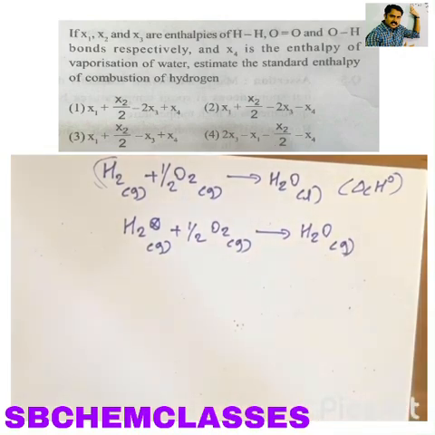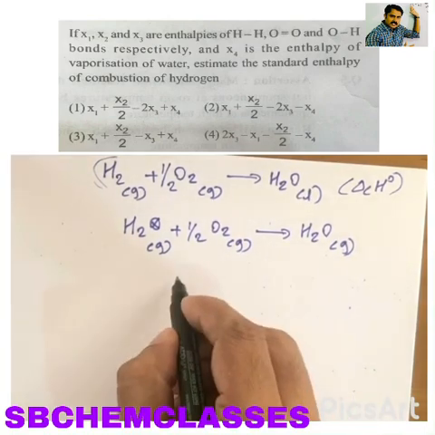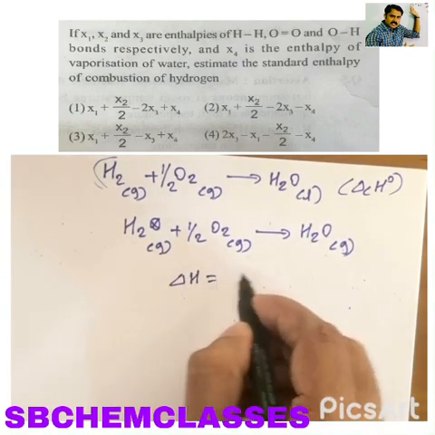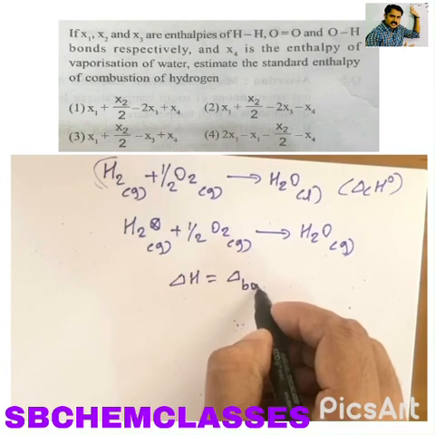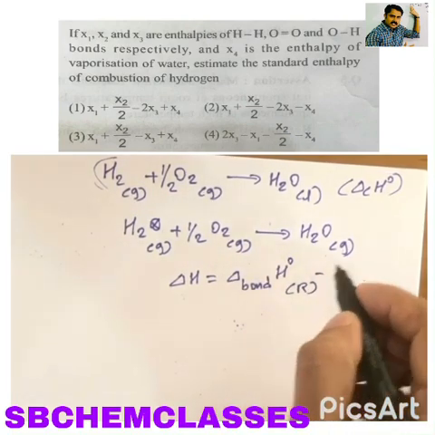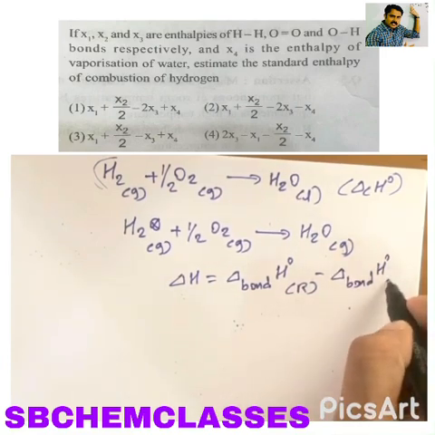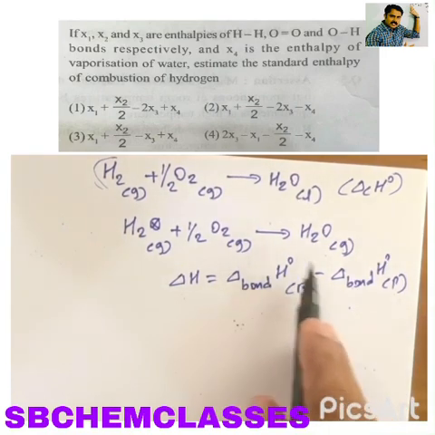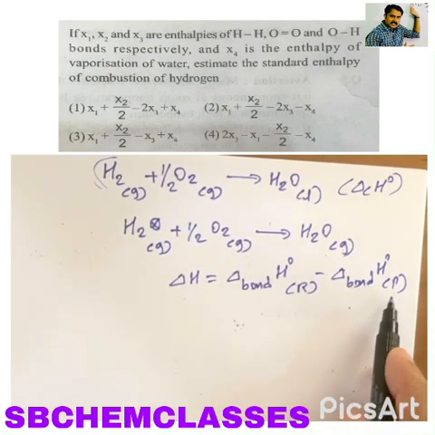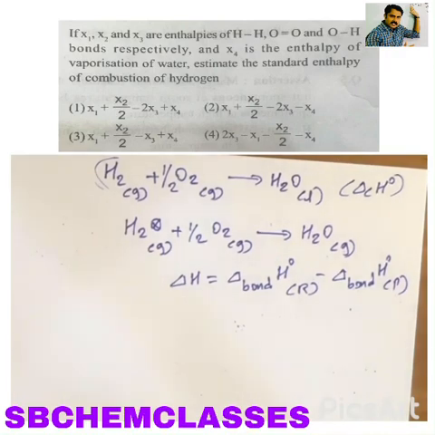By bond enthalpy, we can determine enthalpy of this reaction. Enthalpy change of any reaction is bond enthalpy of reactant minus bond enthalpy of product. Bond enthalpy of reactant minus bond enthalpy of product will be enthalpy change of the reaction.